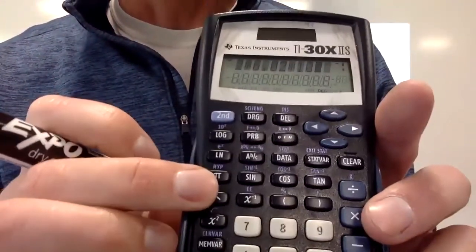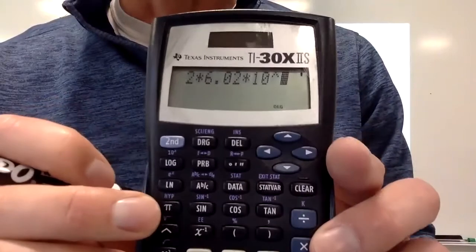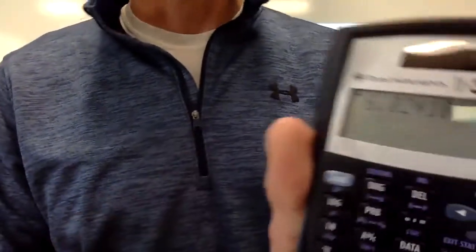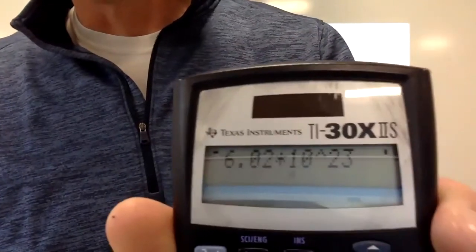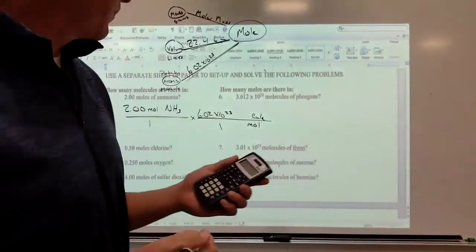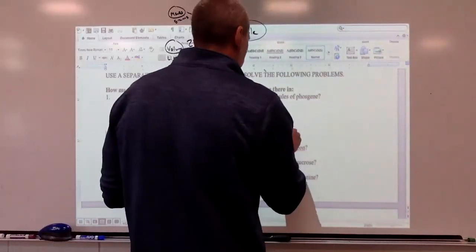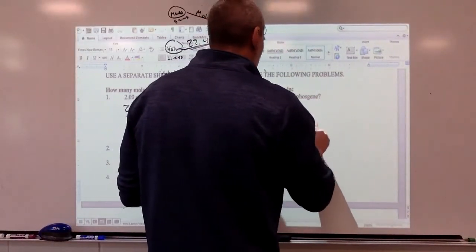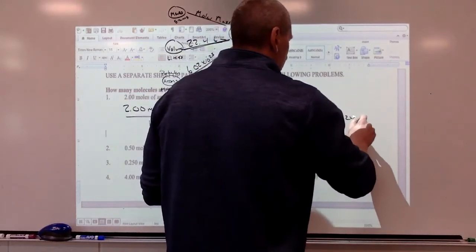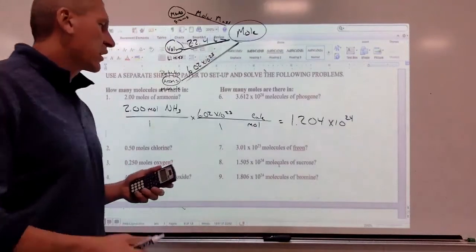So I'll hit that button, and it gives me that little exponent symbol there. And then I can write 10 to the 23rd. So see, I have this. Okay. Then just hit enter, and it multiplies it, and I get 1.204 times 10 to the 24th molecules.